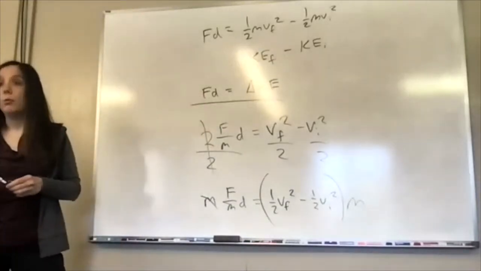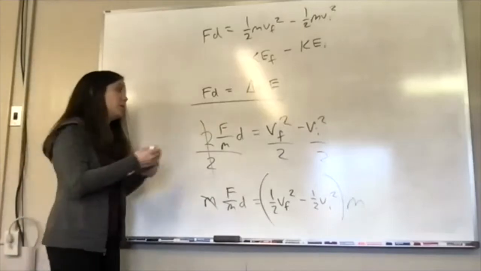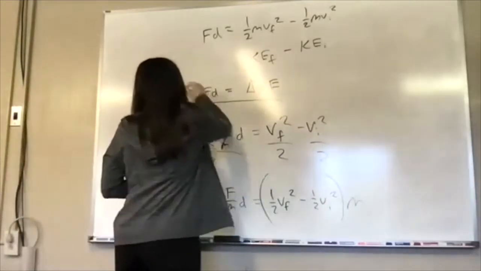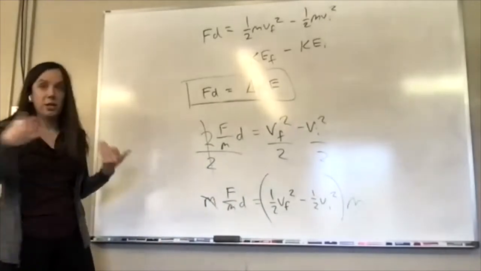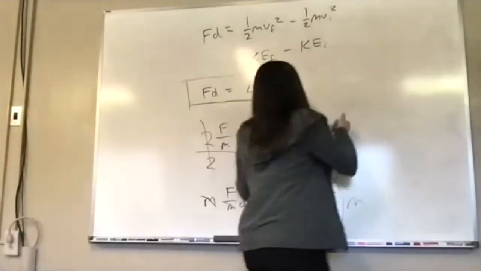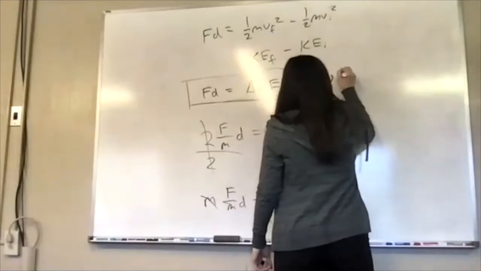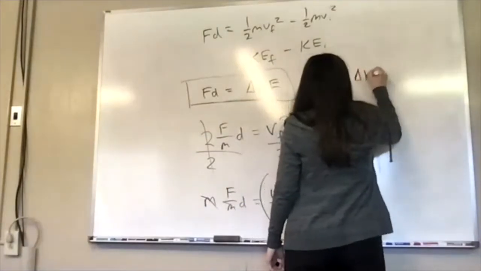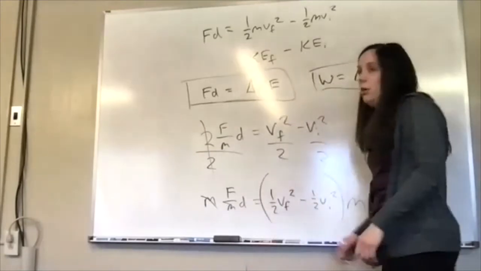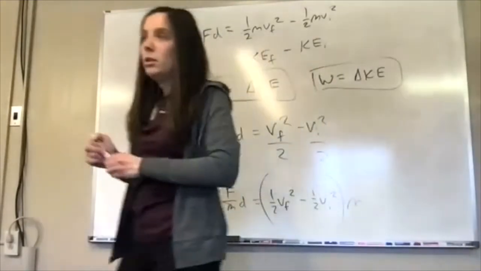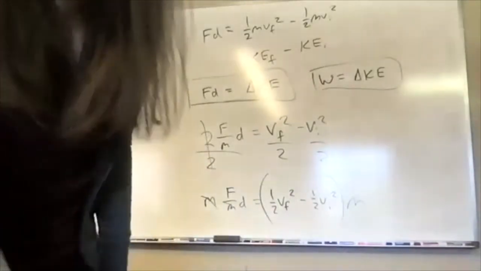In work, right? So that's what this is saying too. So one equation you could use says force times displacement equals the change in kinetic energy. Or you can say work is equal to the change in kinetic energy, like you saw yesterday. So that equation from yesterday.